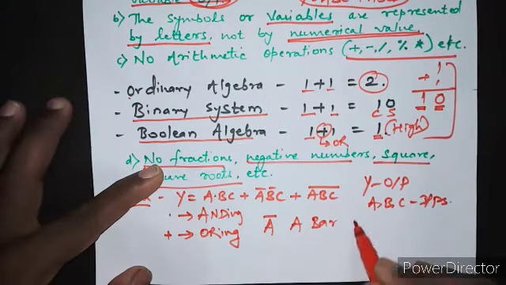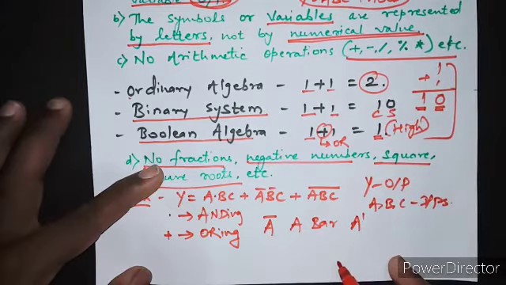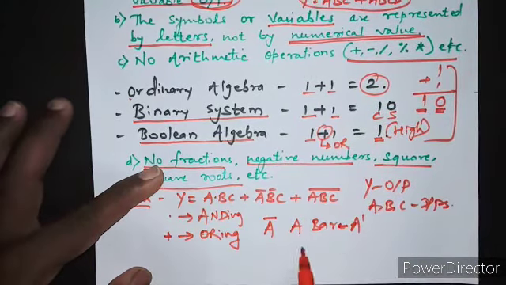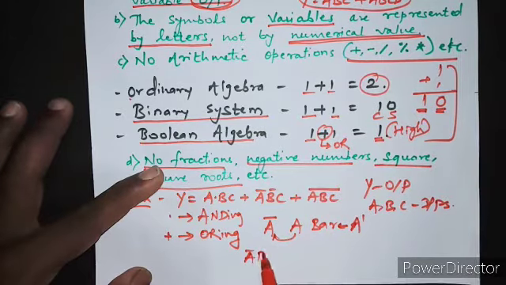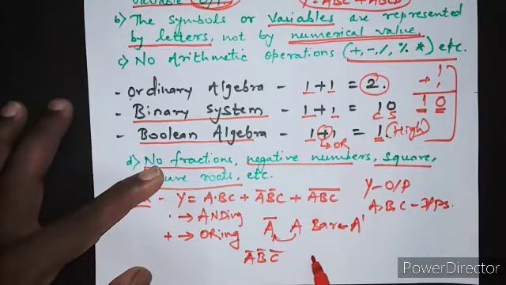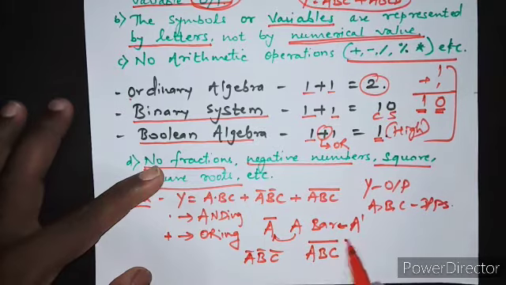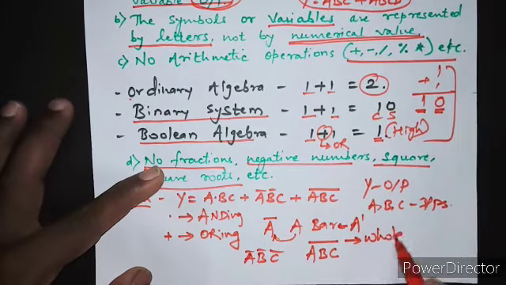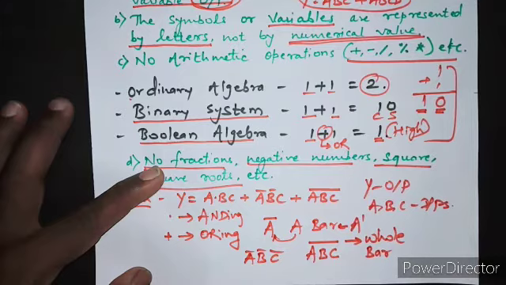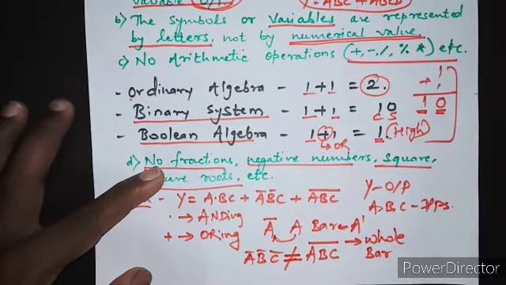In some books you may have the notation A dash, which is equal to A bar. A bar means the opposite of A. If I write A bar, B bar, C bar, and if I write A, B, C whole bar, these two are absolutely not equal to each other.